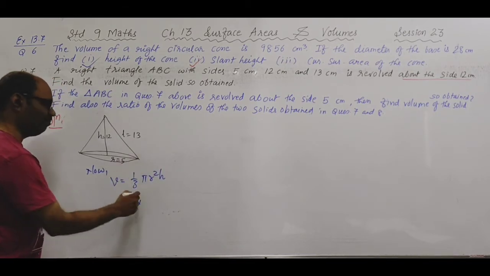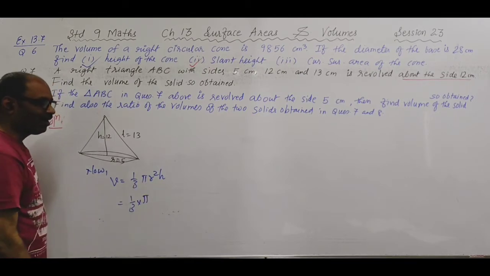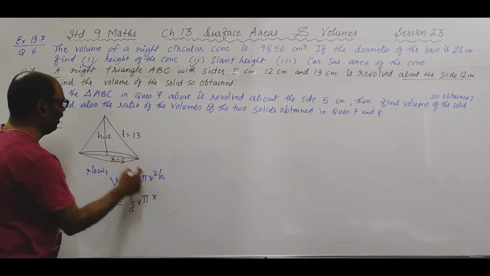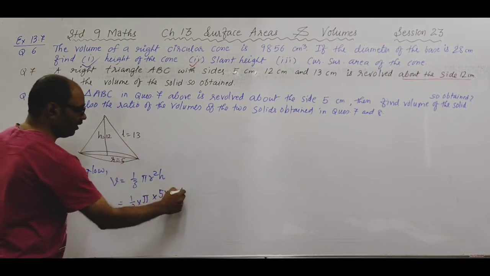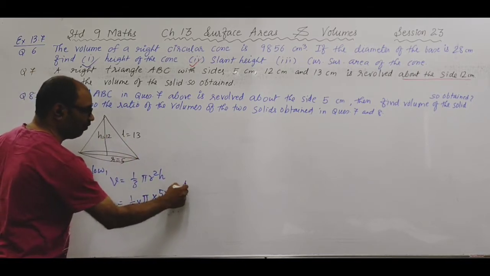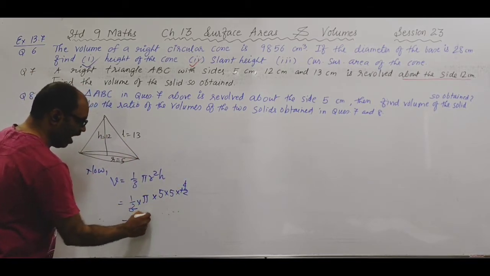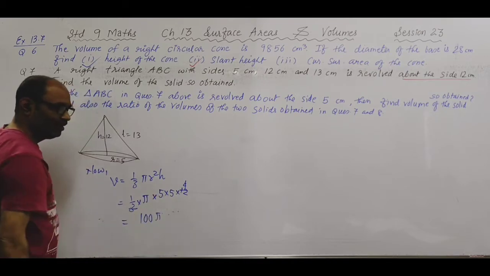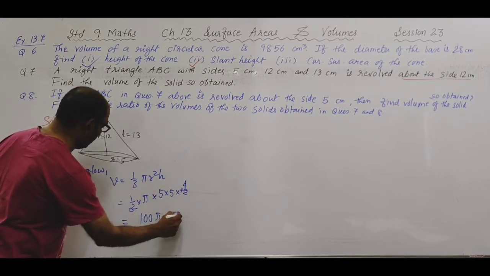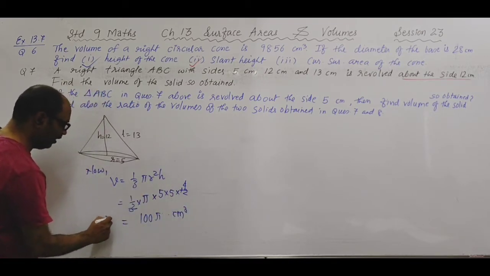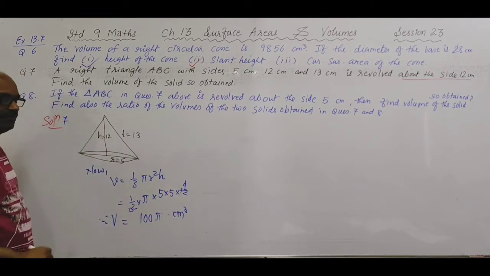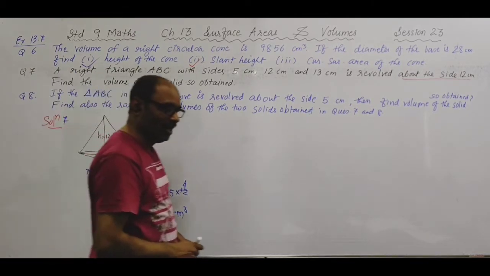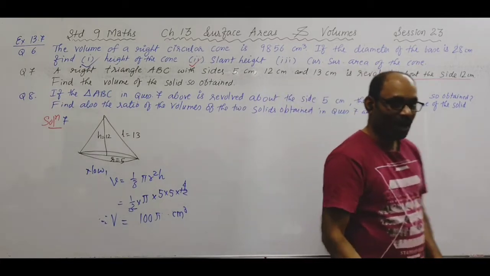I'll leave pi, since there is no choice. r square, 5 into 5, and h that is 12. 3 ones are 3, 3 fours are 12, 25 fours are 100 pi. Centimeter cube. So this is the answer for solution 7.